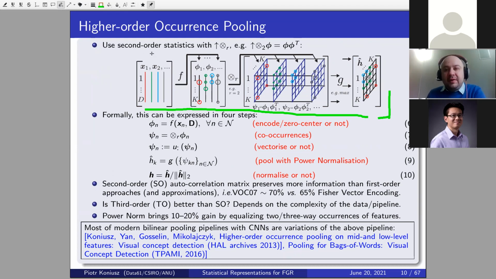So again, imagine that we have some descriptors X, we encode them with some convolution F, we obtain features phi, we stack them into a matrix, we perform an outer product of some order R, and then along rows we perform pooling with some function G. Most of the pipelines really follow this type of design.